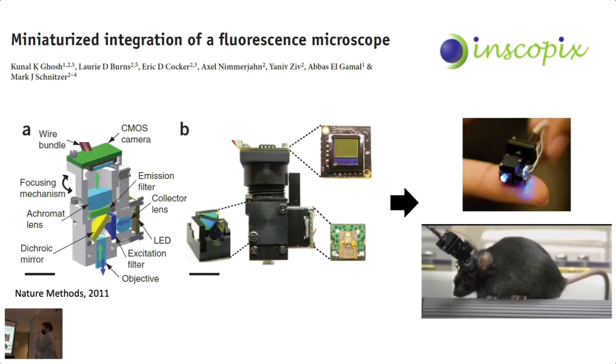So in 2011, there was this Nature Methods paper from the Schnitzer group describing exactly this, miniaturizing these critical components of a fluorescence microscope.